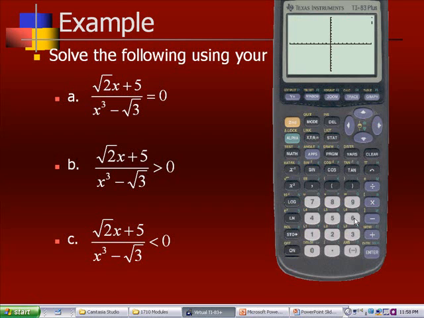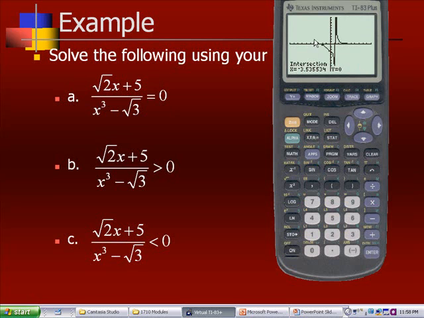We're going to graph that on our Zoom 6 screen, and we get this little weird thing right here. Does this graph ever cross the x-axis? Well, remember, this is a vertical asymptote through whatever x cubed minus the square root of 3 is. Well, let's just check. Second trace, number 5, enter, enter, enter.